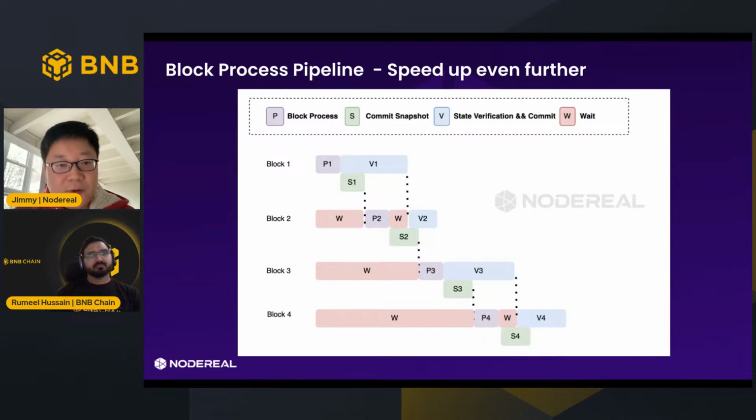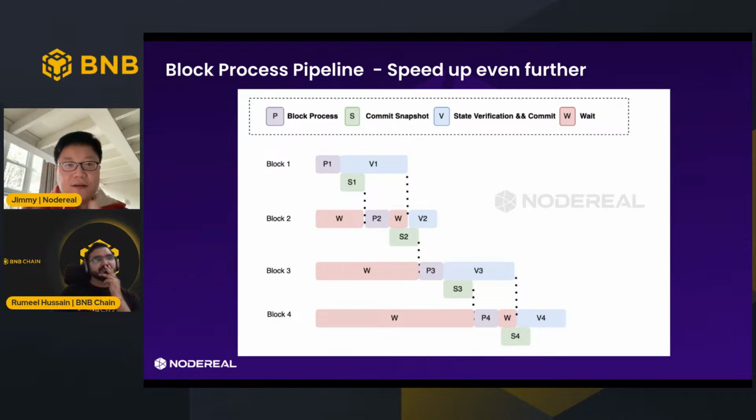For the second block, we have to wait for the first commit to finish before starting the block process. But the commit and the process can run in parallel, and the verification has to wait for the first verification to finish and then start the second verification.